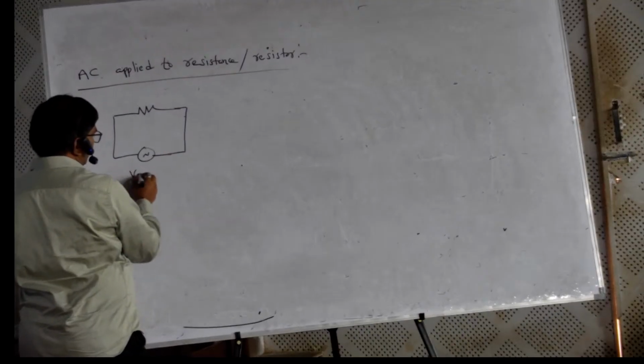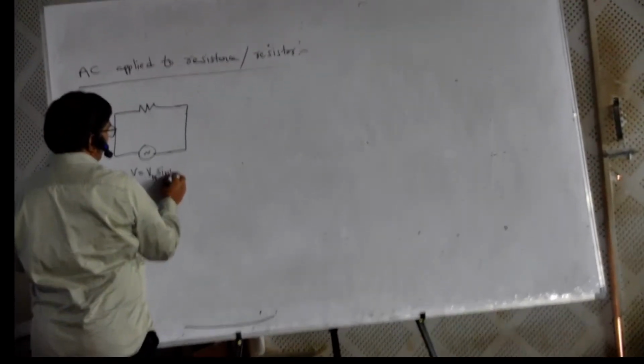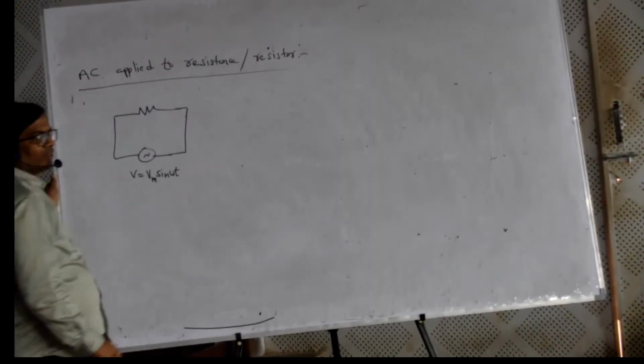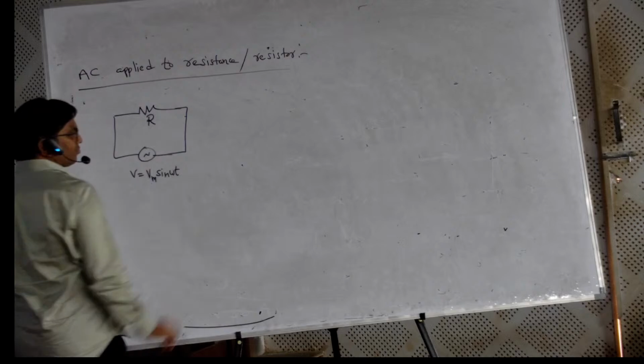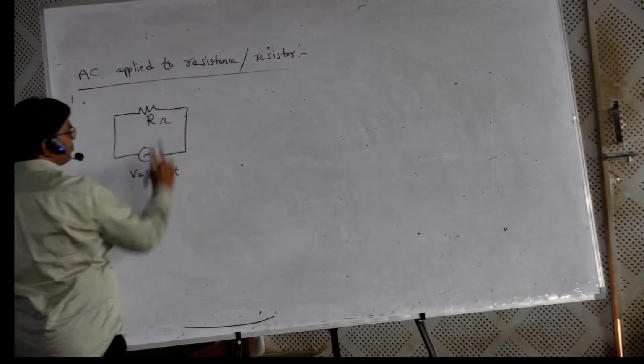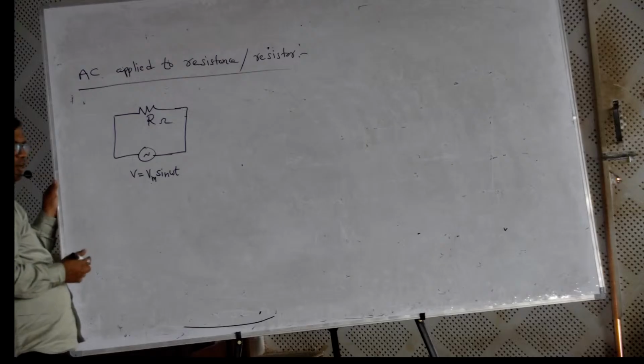So the AC voltage is nothing but Vm sin omega t. Here, what is the value? Resistor value R, which is measured in ohm. So V is equal to Vm sin omega t.